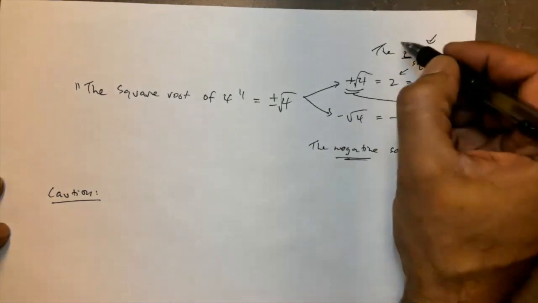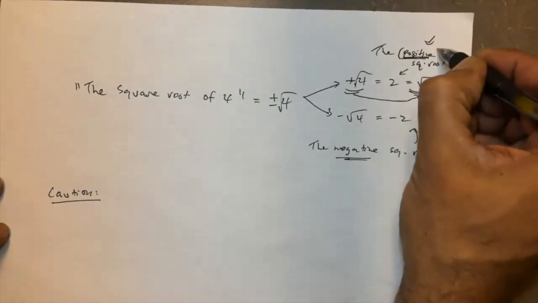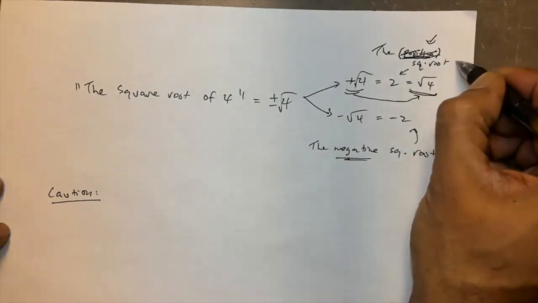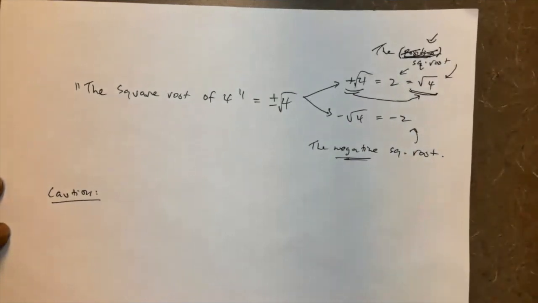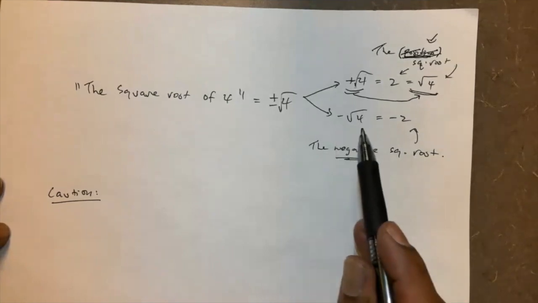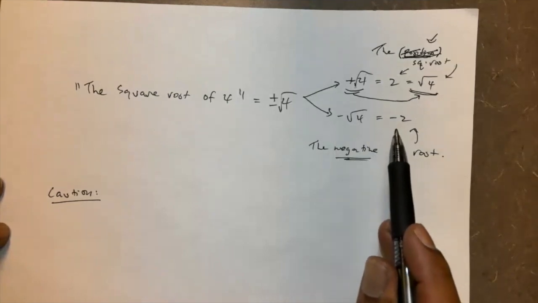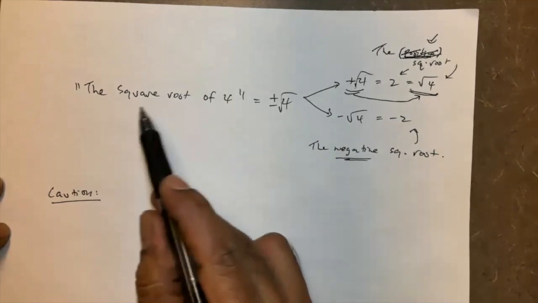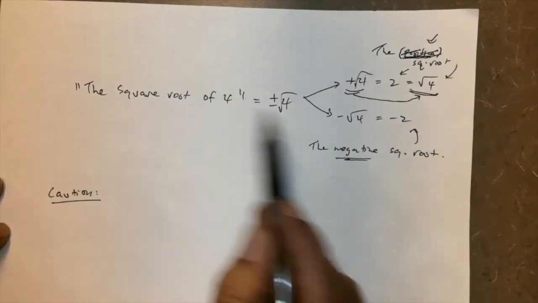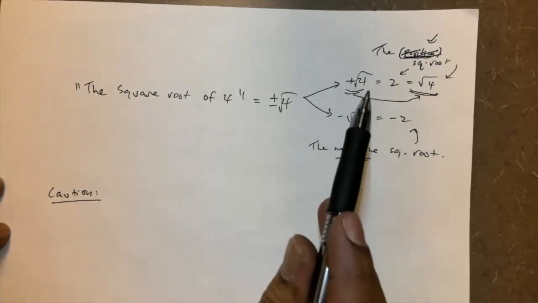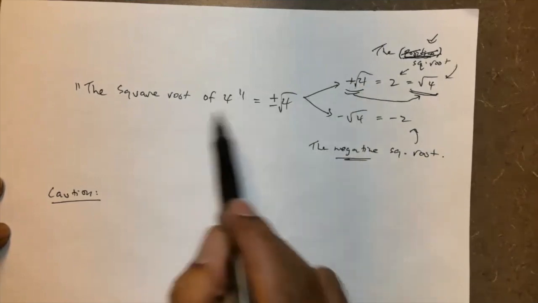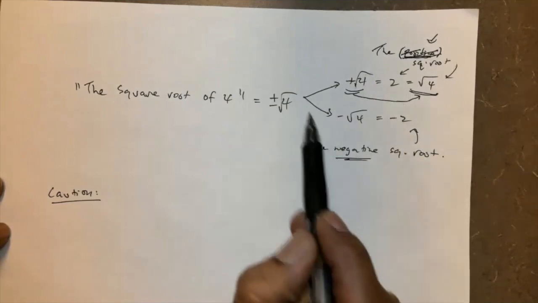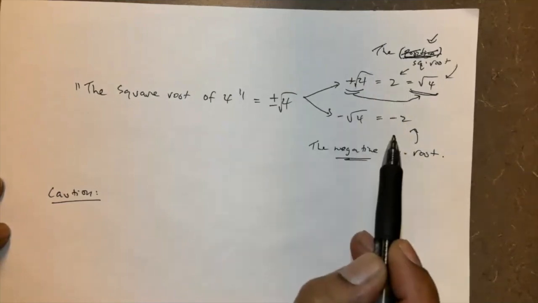What a lot of humans do is drop the phrase positive when referring to this function, and that's wrong. Down here, the negative square root of 4 is equal to negative 2. This is the negative square root. So the square root is actually made up of two separate functions: a positive square root and a negative square root function.